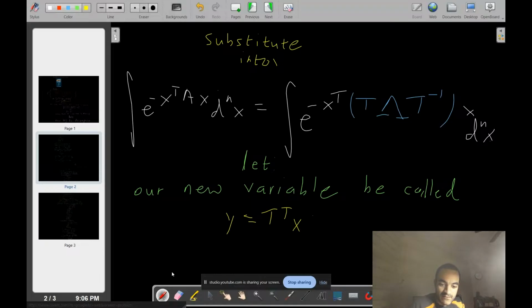All right, so we have T transpose here. Actually, let me think. Is it T x transpose? Just give me a moment to correct that.